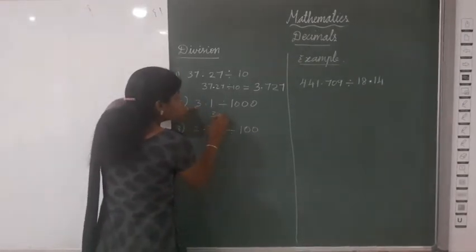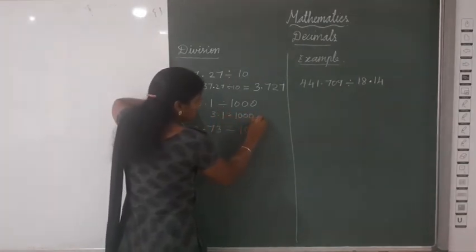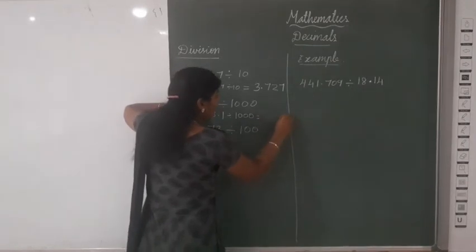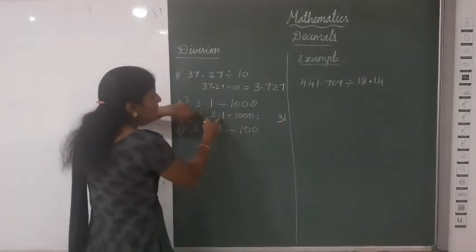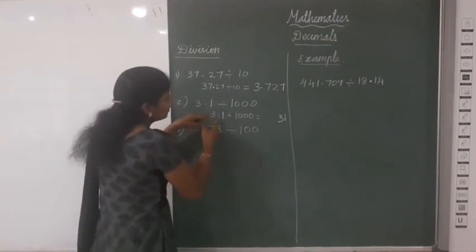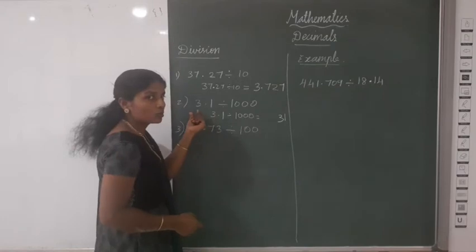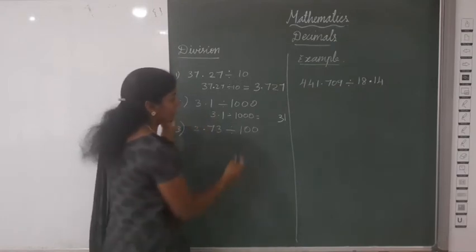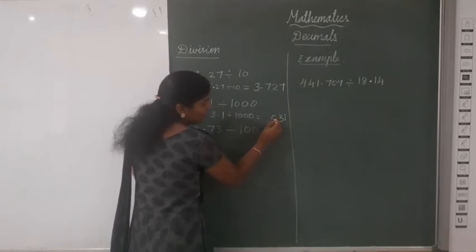So, 3.1 divided by 1000 equals, now listen, 3, 1, this point will move the decimal point 3 places. This is the first place. Second place we can put a 0. Third place we can put a 0.